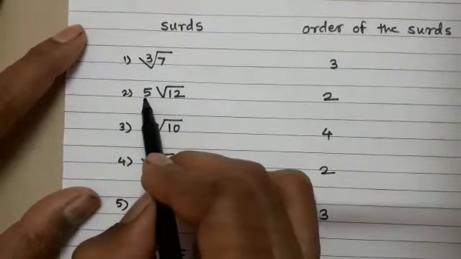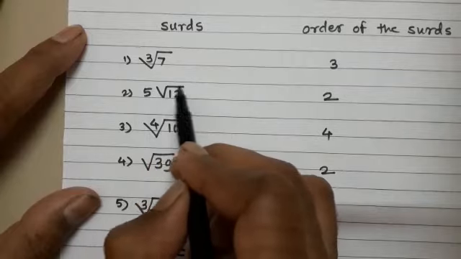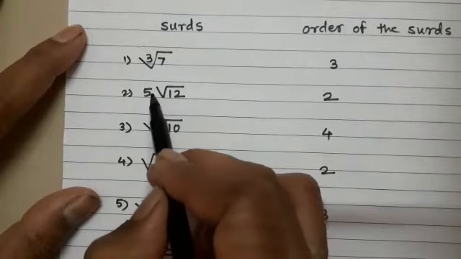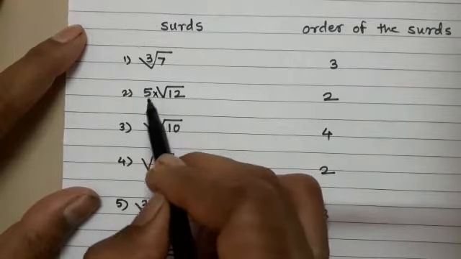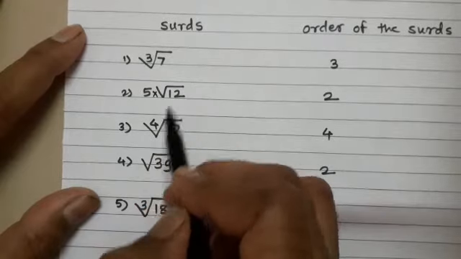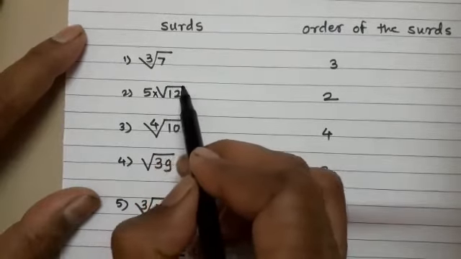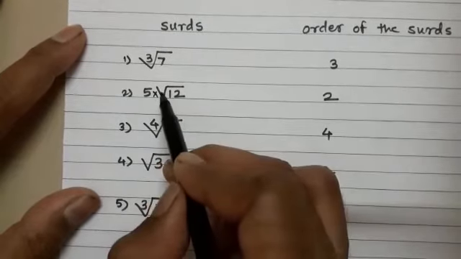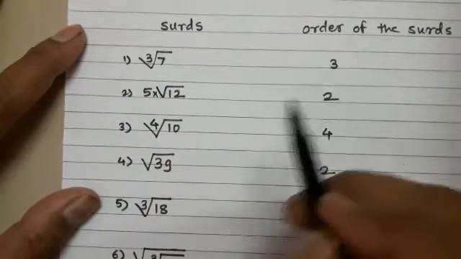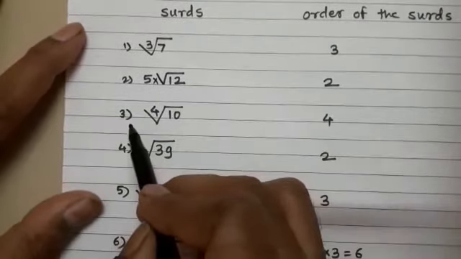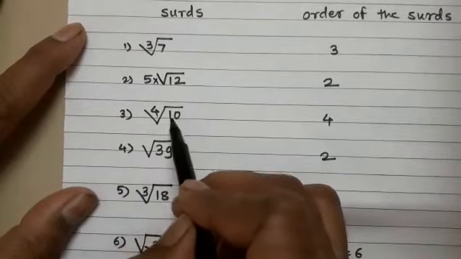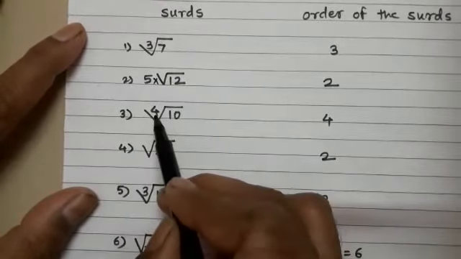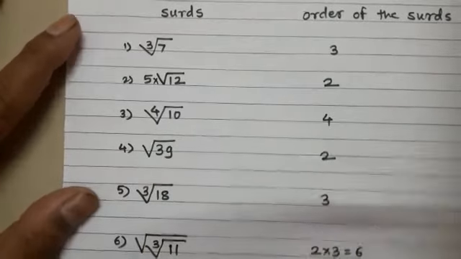Second, 5 square root of 12. 5 is in multiplication with this surd. The order of the surd, nothing means it is square root, that means it is 2. Third, fourth root of 10, and the order of the surd is 4.